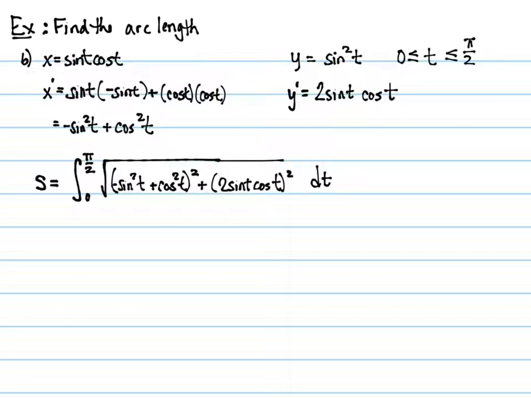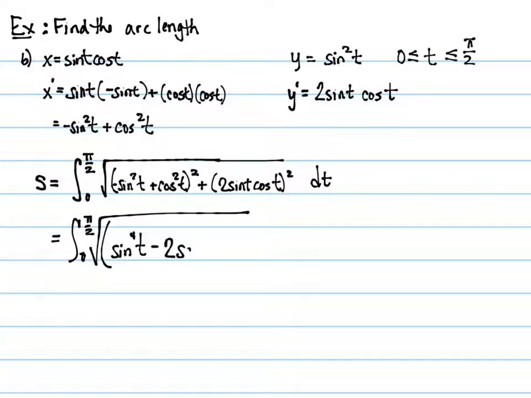So please remember that you cannot square each of those terms individually. When we square sine squared and cosine squared added together the way that it is, we have to actually multiply it by itself, and we get inner and outer terms. So I've got my 0 to pi halves here again, and I will end up having the negative sine squared squared. So this is going to be sine to the fourth. And then I'm going to have a sine squared t times cosine squared t, and then double it because I've got one on the inside and one on the outside.